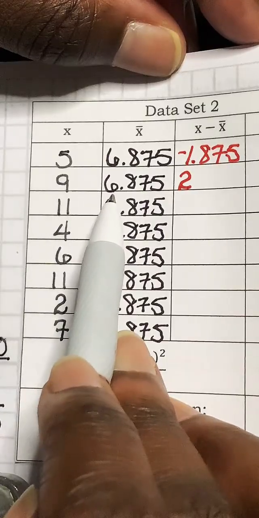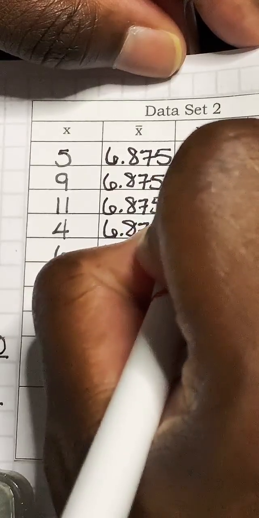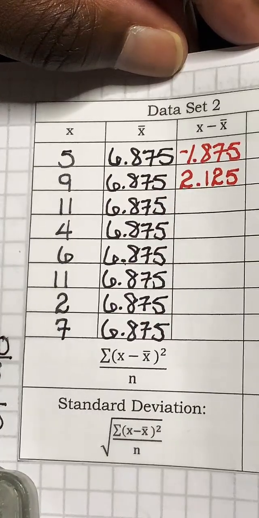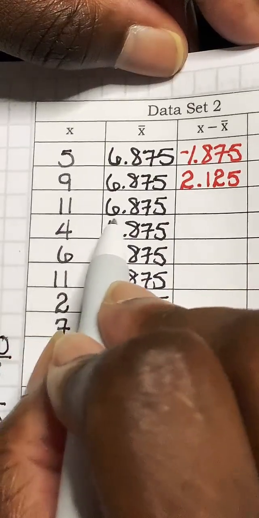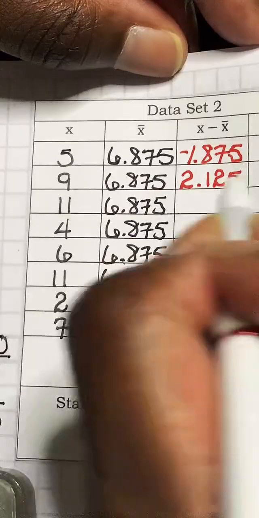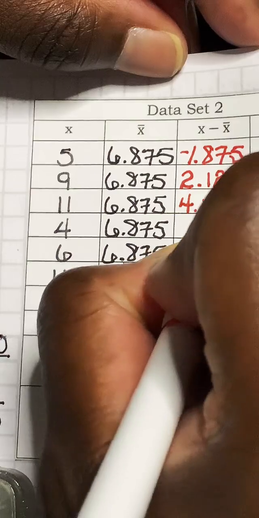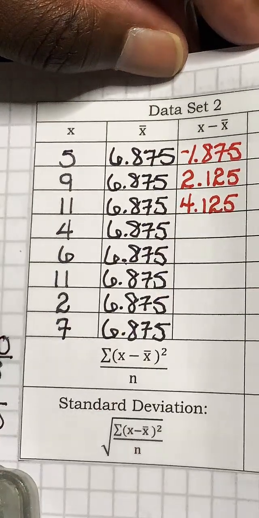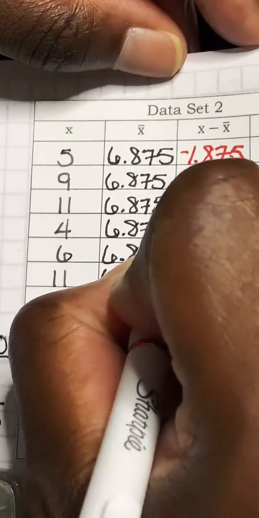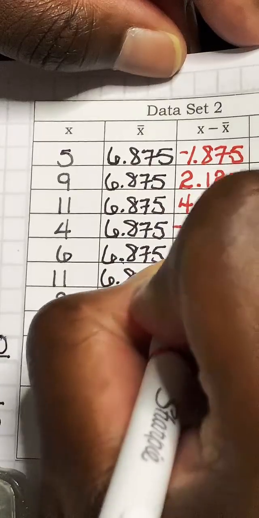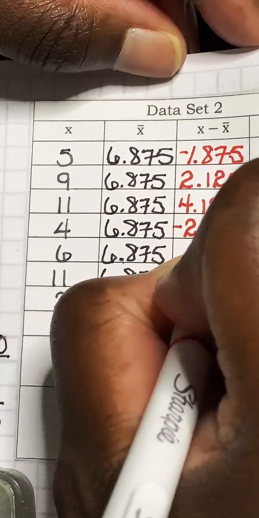It'll be 9 minus 6.875, which gives me 2.125. Just some nice, easy calculations. So 11 minus 6.875 will give me 4.125. I have a negative 2.875.